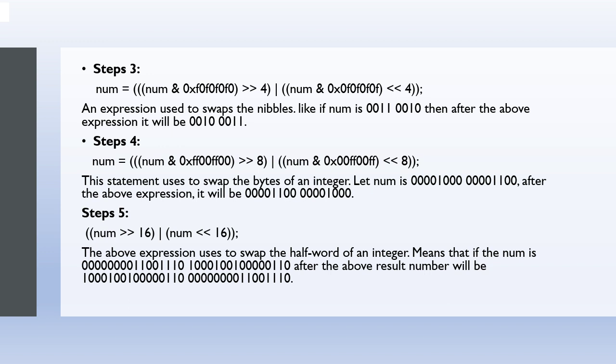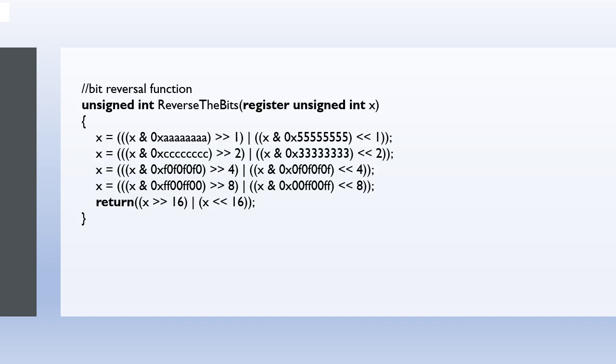This is step 6, and we will use a small bit reversal function where the same thing can be implemented in a method: unsigned int reverse the bits. We just discussed all the steps, right?